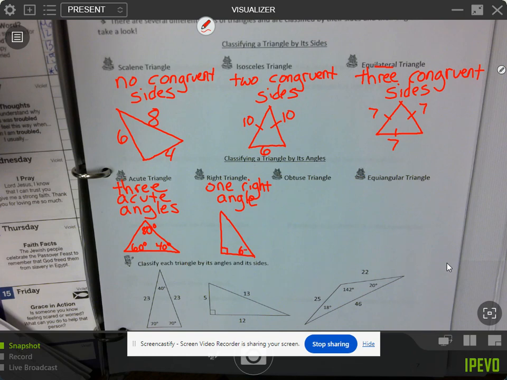this one's 67 degrees. If that one's 67 degrees, what does my top angle have to be? If I have a 90-degree right angle, I have a 67-degree angle. What does that other angle have to be? Ava? 115.